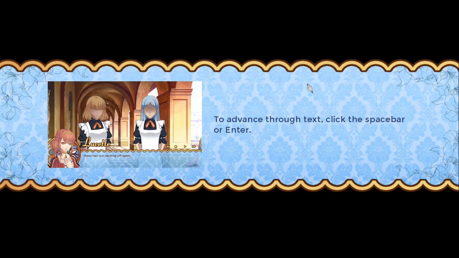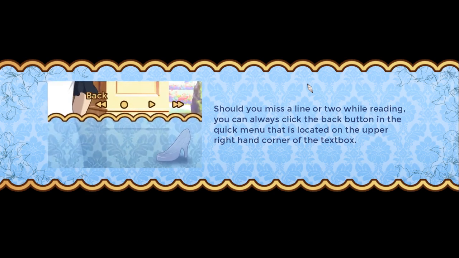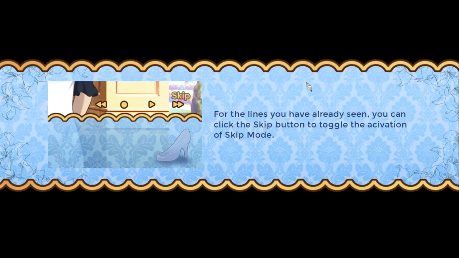To advance through text, click the spacebar or enter. Should you miss a line or two while reading, you can always click on the back button in the quick menu that is located in the upper right-hand corner of the text box. There's a limited amount of lines you can roll back to when you use this function. The shortcut for this function is Page Up.